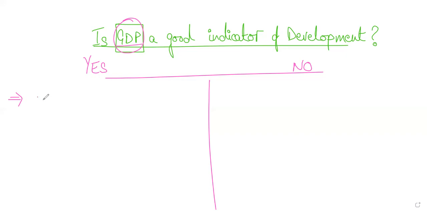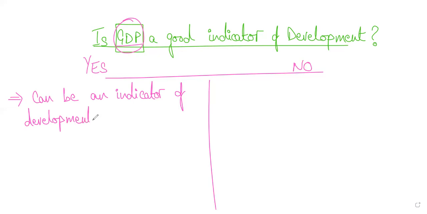Why? Because higher incomes do help in buying and affording more goods and services, right? Higher incomes do help people to afford better education, healthcare, and all that stuff, right? Is this simple? Is this clear? Okay. But on the no side, there was a long list, right?